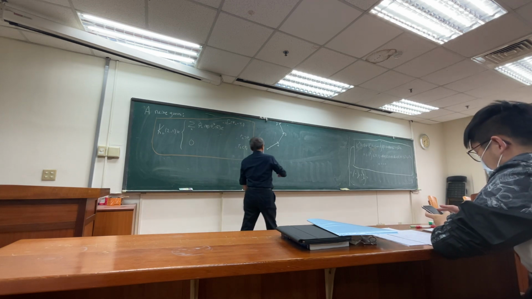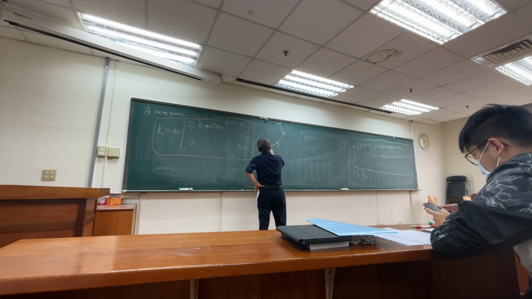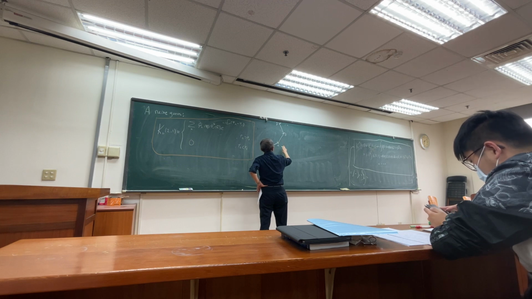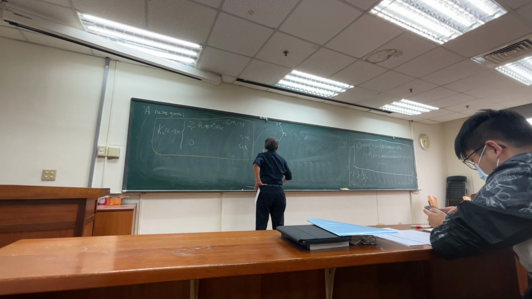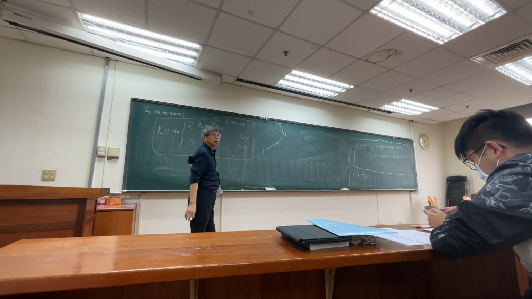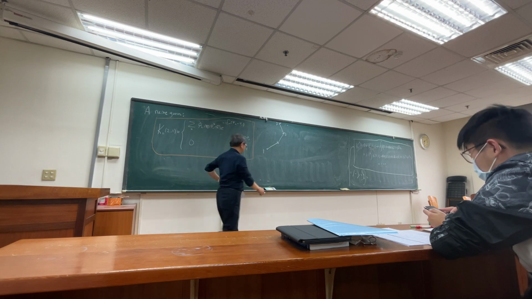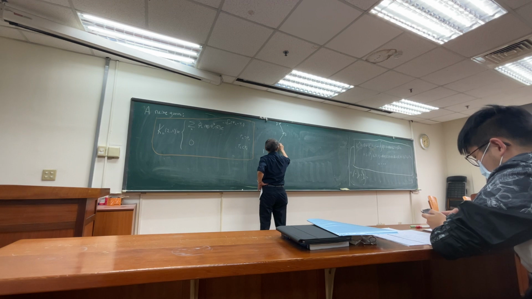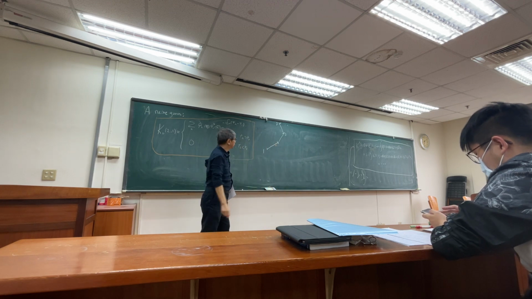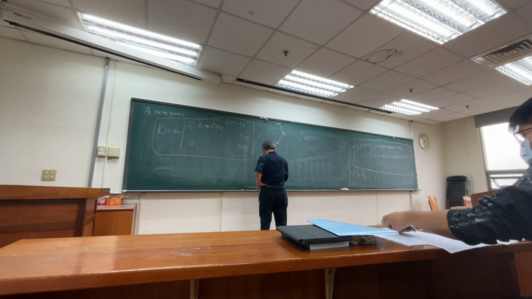Anyway, a particle leaves 1 and goes to 4, and then gets influenced by an electromagnetic field. So let me indicate that an A slash is at work at 4. So this is 4.